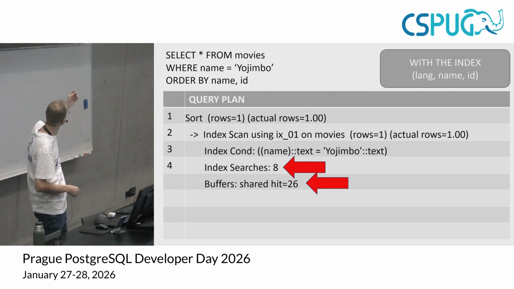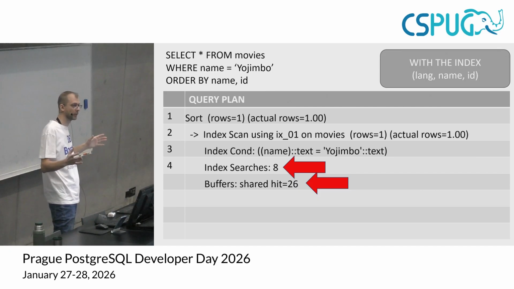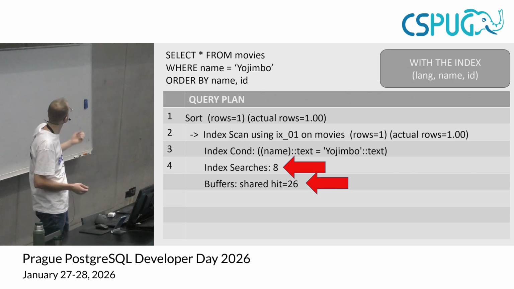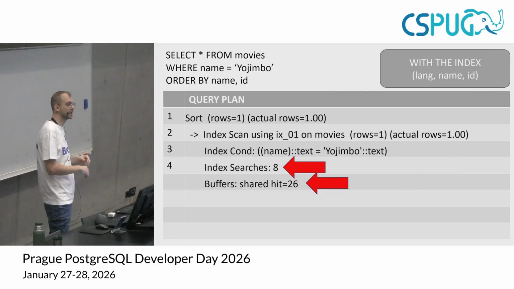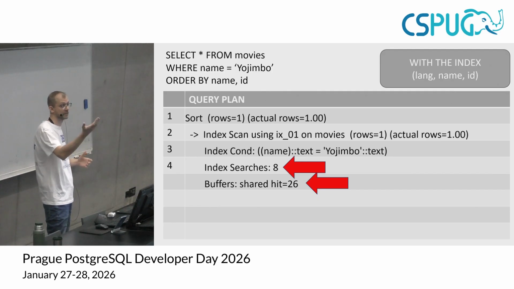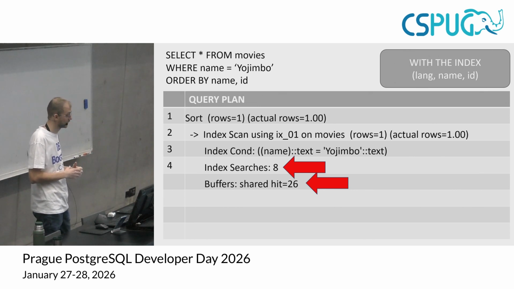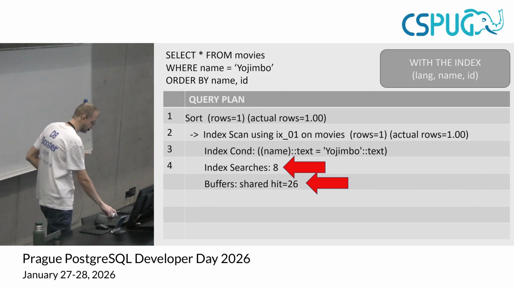For example, when I showed you the leaf level, there was Arabic, Basque, Bengali, and whatever languages, and they sit on the same page. So I can satisfy multiple languages by a single traversal of the index. So in my case, I did 8 searches, and I hit only 26 pages, just skipping the language. In the previous version, I would do a sequential scan, and I would read all 357 pages. So this is significantly better.